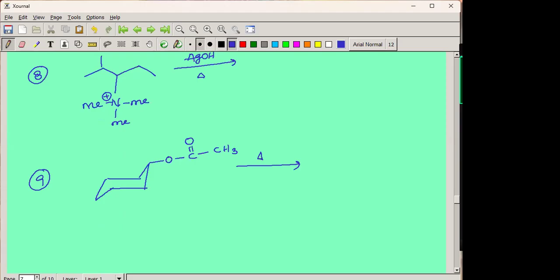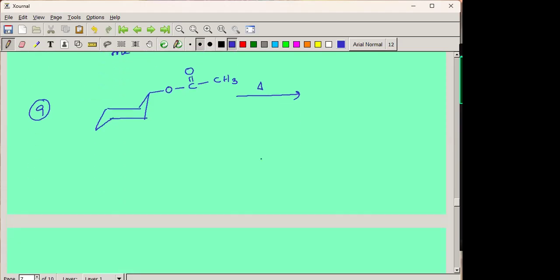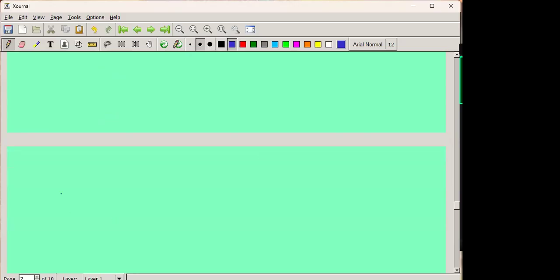Pyrolysis reaction. What product do we get? The product would be Hofmann, or Saytzeff product. Hofmann product or Saytzeff product? Which one will be formed?